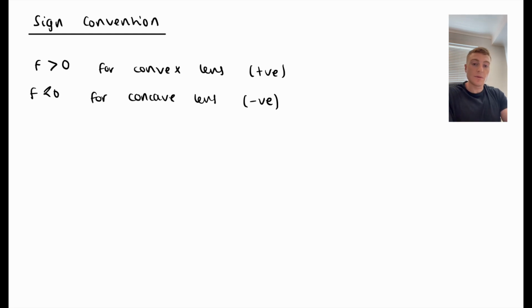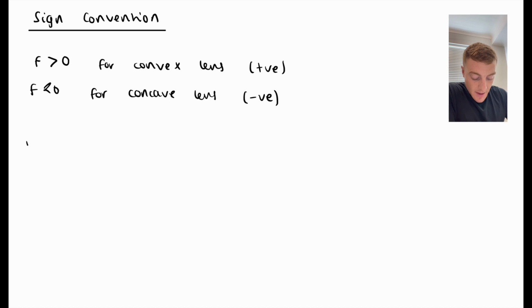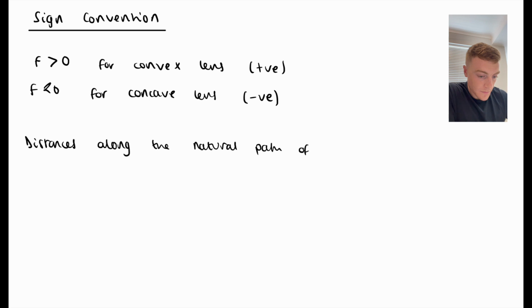Again, this will make a bit more sense when I go through some more calculation questions in the next video. But let's also note that distances along the natural path of light are positive.